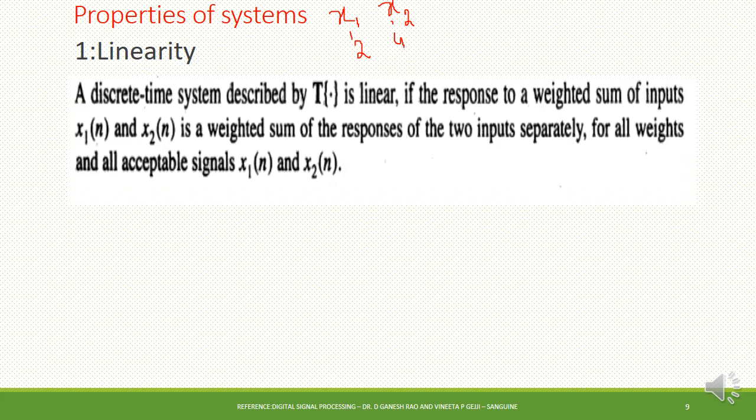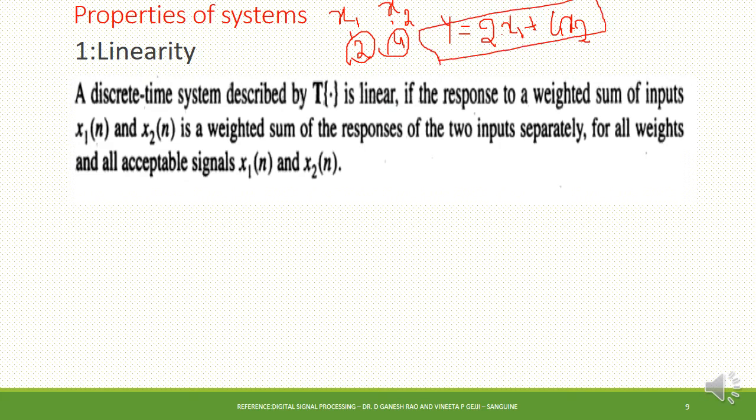Separately they have to be multiplied, that is 2 of x1, with different weights here. These are called the weights. So the final output I am going to write as 2x1 plus 4x2. That is nothing but linearity.